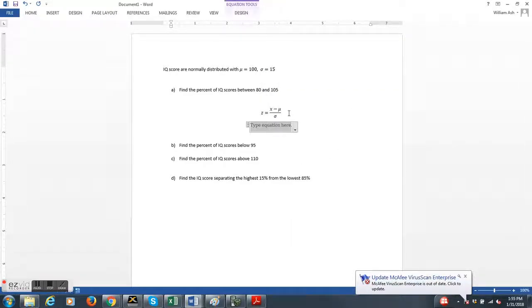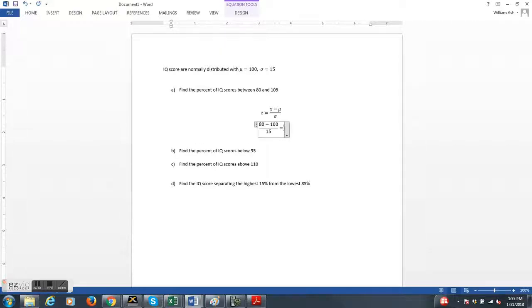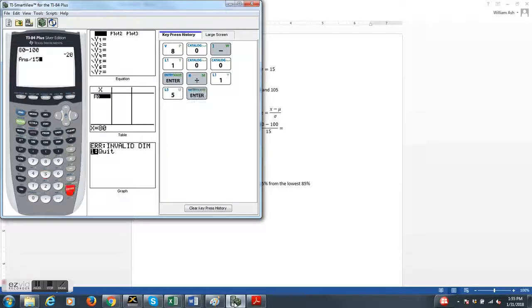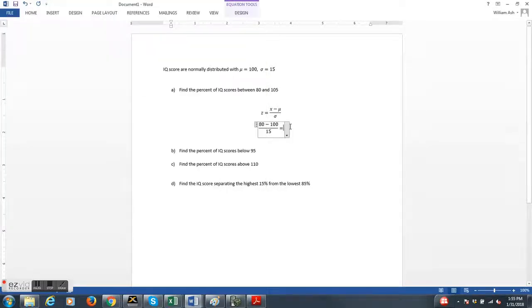Okay, so for one, I'm going to say 80 minus 100 divided by 15, and that equals, here, I got my calculator here, that's 80 minus 100 divided by 15, negative 1.33.